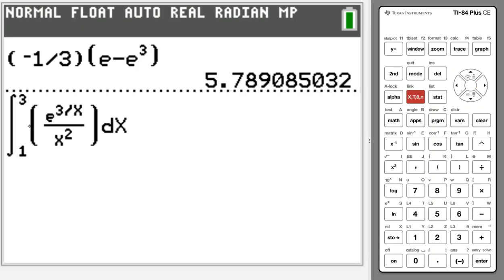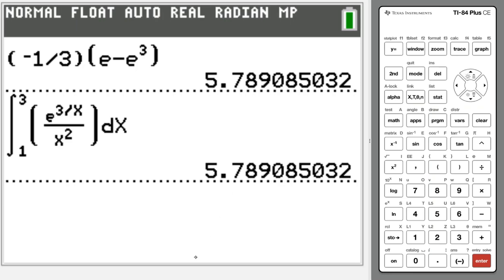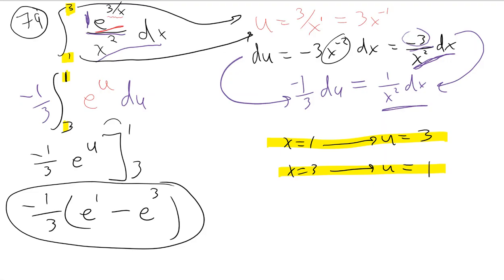Okay, so the calculator is about to do the same process that we did and approximate it, so it should be the same decimal as our answer, and if not, we had a mistake somewhere that we needed to go find, but it looks like those are the same, so that confirms.